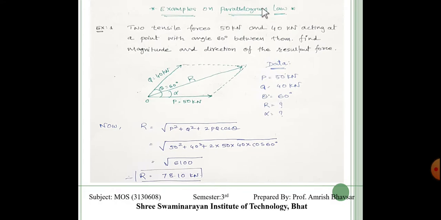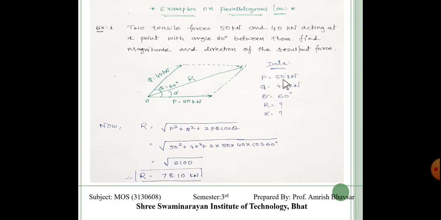Now, the first example: two tensile forces 50 kilonewton and 40 kilonewton acting at a point with angle 60° between them. Find magnitude and direction of the resultant force. So here we have two forces. We always consider the bigger force as the P force.